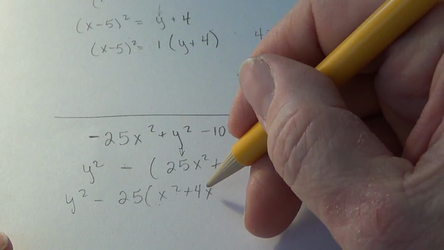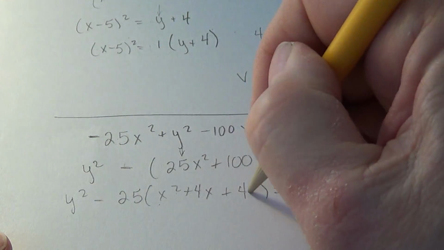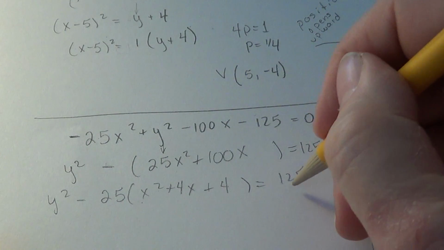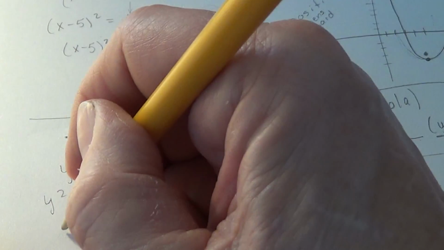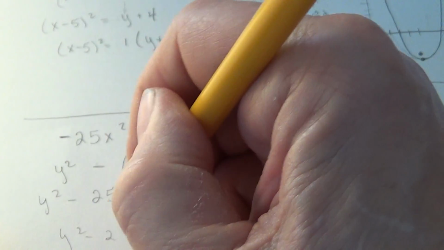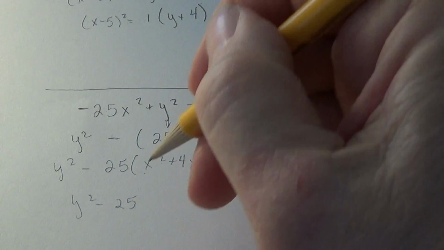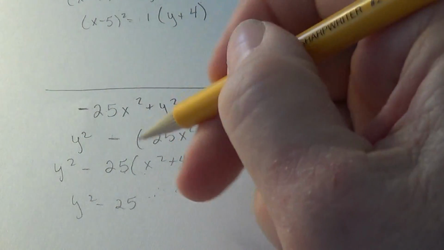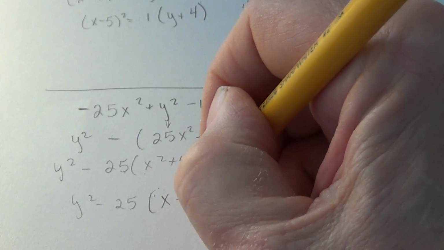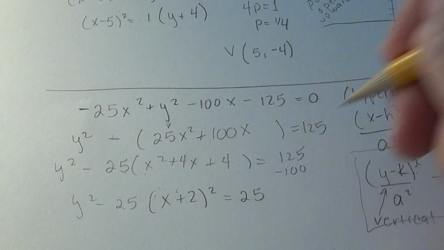Complete the square. Half of 4 is 2. Squared is 4, but it's really a minus 100, so I have to adjust for that. What is the perfect square that I've created? X plus 2 squared equals 25.